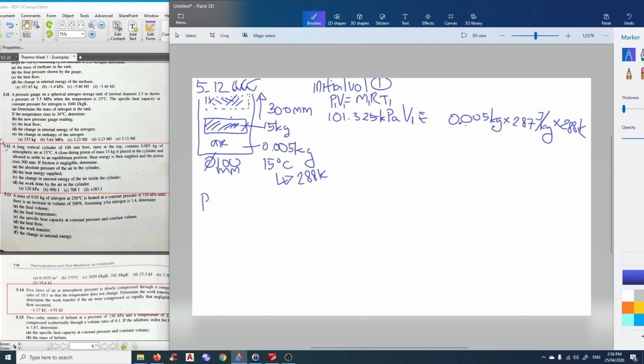If you remember, pressure equals force divided by the area, and force here is mass times gravity, divided by the area. What area here? This is the surface area of the piston, of course. The piston has a bore of 100 mil, so that's the area of the piston. The mass here would be the mass of the piston, which is 15 kilos, and gravity is constant. So that's 15 kilogram times 9.81 divided by quarter pi times 100 mil. Remember, it's 100 mil, so we have to convert into meter squared.